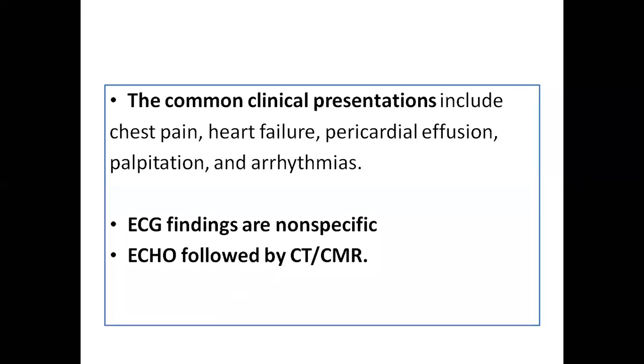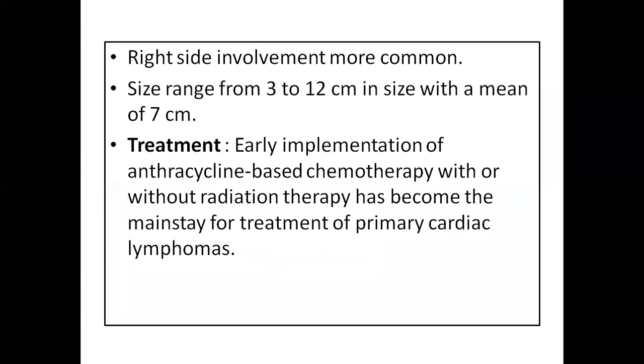ECG is non-specific, with echo followed by CT and MRI. Right-sided involvement is more common, with size 3 to 12 cm and a mean of 7. Treatment is early implementation of anthracycline-based chemotherapy with or without radiation therapy, which is the mainstay of primary cardiac lymphoma.